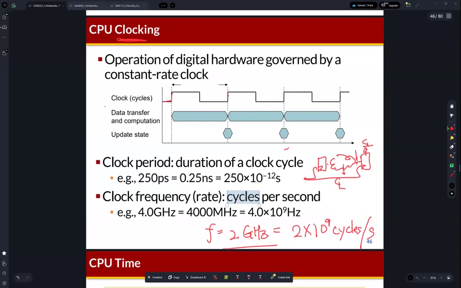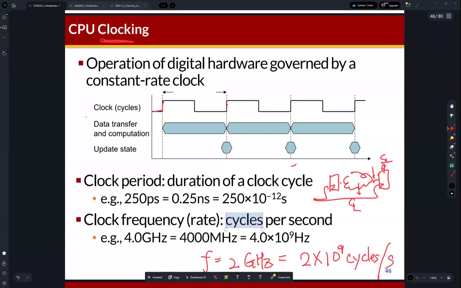So this is the definition of a clock cycle or clock signal. This is important, so you need to understand the definition of a clock cycle and clock frequency. This is because during this course, we will frequently use clock cycles.